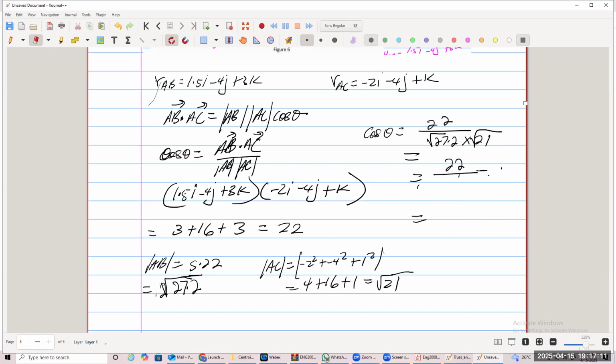So the value that you will get here would be what? 5 point. Let me get it right. 5.22 times the root of 21 was what again? We found it a while ago. 4.58.